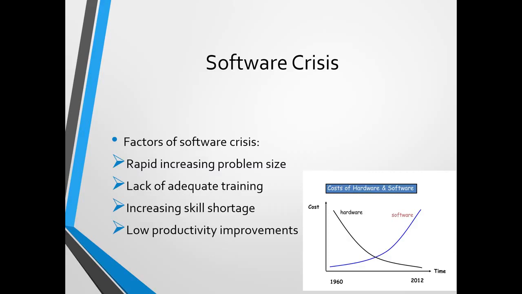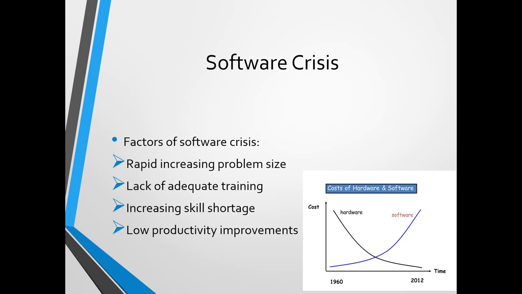There are many factors apparently. First, rapidly increasing problem size, lack of adequate training in software engineering techniques, increasing skills shortage, and low productivity improvements. The first point is rapidly increasing problem size.